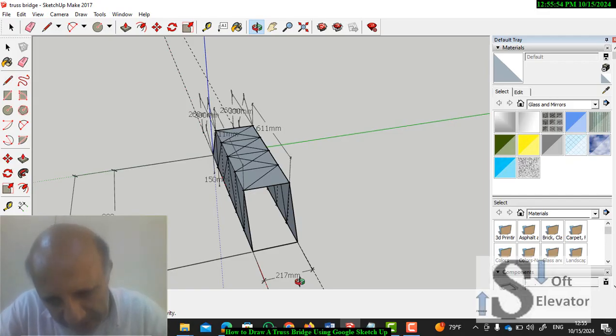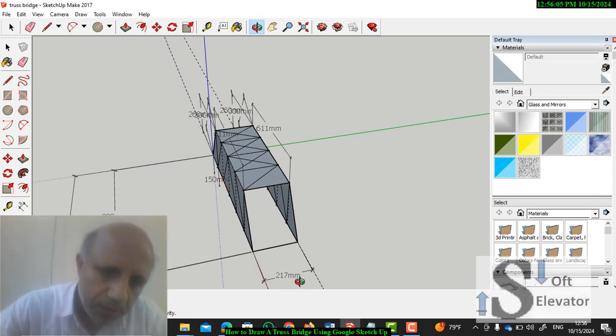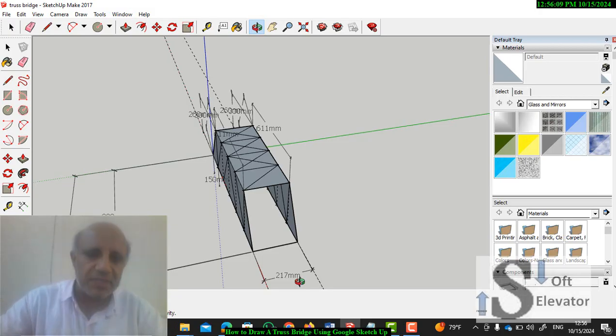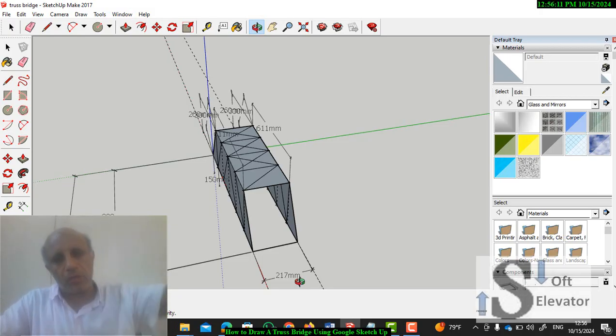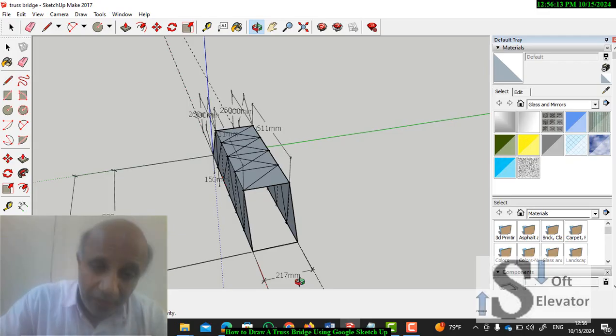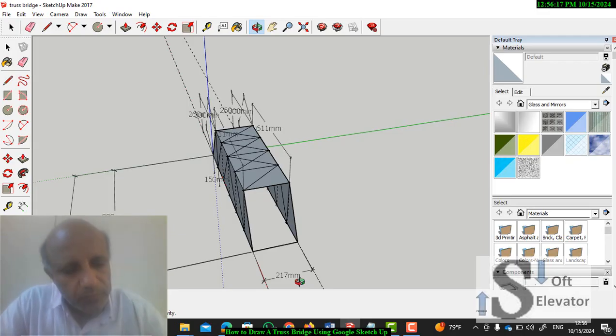So this is approximately 11 meters. So it means 1100 millimeters. If we divide it by 50, we reach this length.